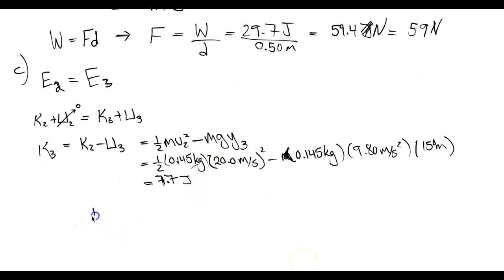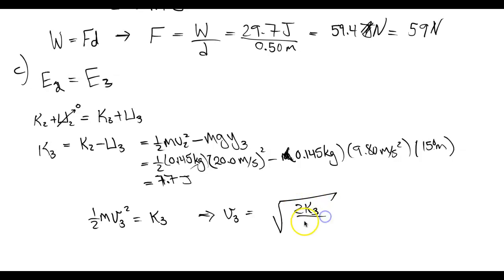So that means that 1/2 mv3 squared equals K3, which means that v3 equals the square root of 2K3 over m, which is 2 times 7.7 joules over the mass, which is 0.145 kilograms.